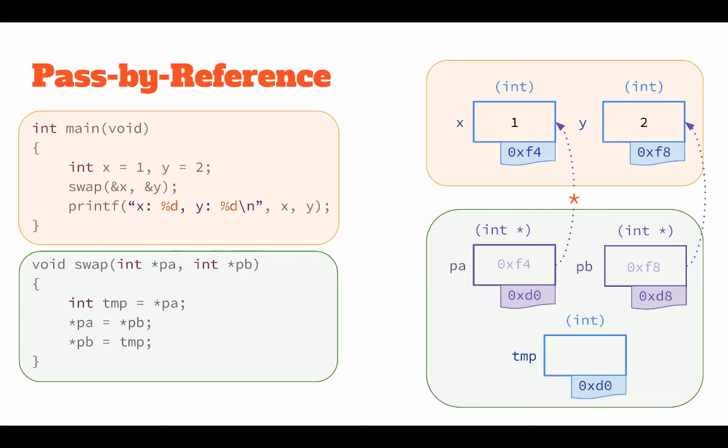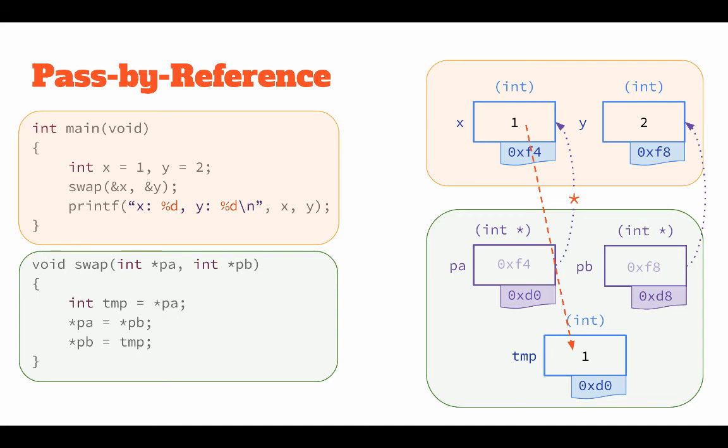So we have PA. Where does that point? It points up at x. So we grab that value 1 and copy it into our temp variable down in our green area, our swap memory area. Now 1 is inside of temp.